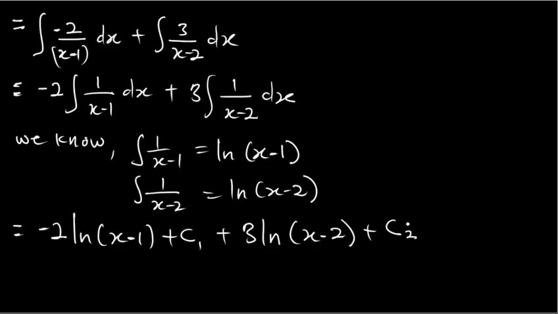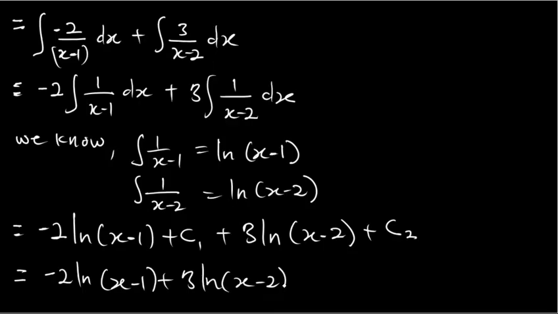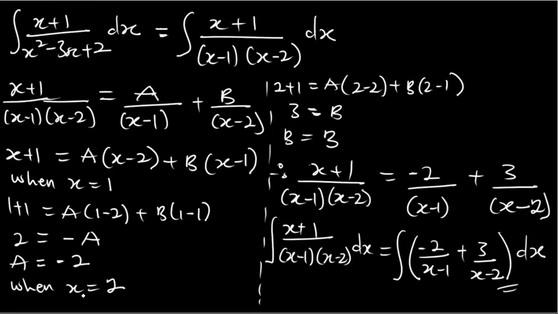Since c1 and c2 are both constants, I will combine them as a single constant, giving me negative 2 ln x minus 1 plus 3 ln x minus 2. The addition of these will give me a single constant. Are we okay? So this is the partial fraction approach for that question.